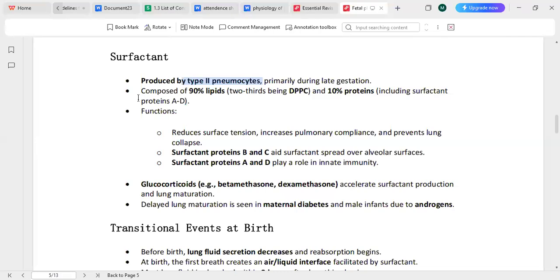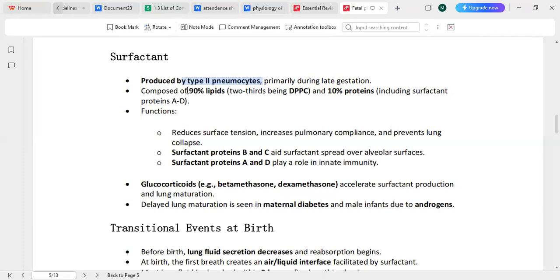This is part of the management where we have the threat that the mother can deliver the baby prematurely. So we give her some glucocorticoids, betamethasone, dexamethasone, which we call steroids, and they help production of this surfactant from the type 2 pneumocytes.